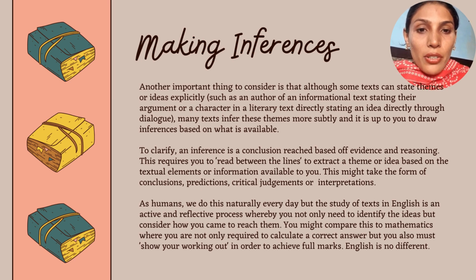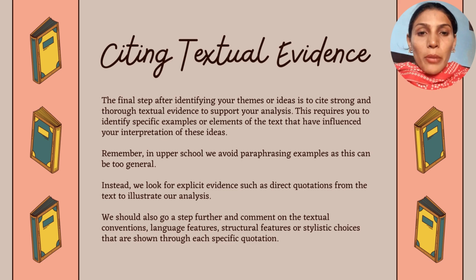English is no different. One important thing related to this topic is citing textual evidence. The final step after identifying your themes or ideas is to cite strong and thorough textual evidence to support your analysis. This requires you to identify specific examples of elements of the text that have influenced your interpretation of these ideas.